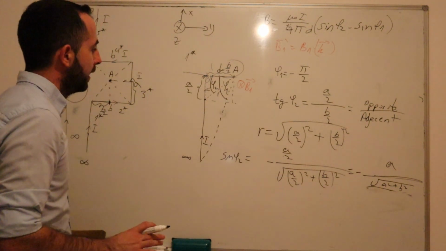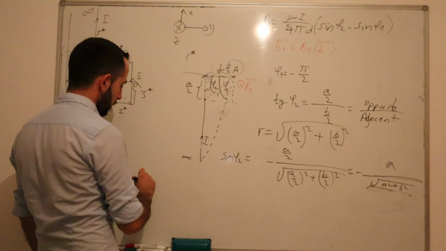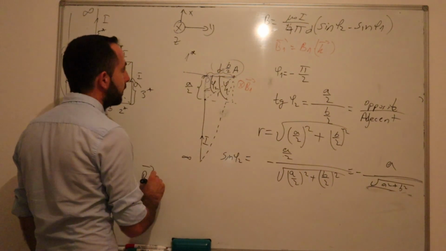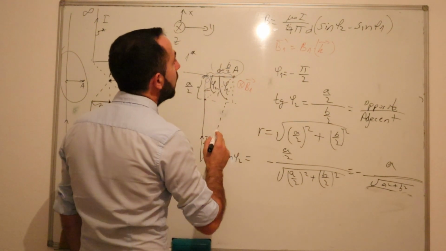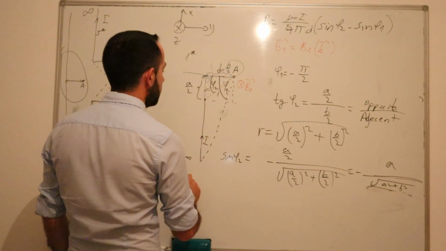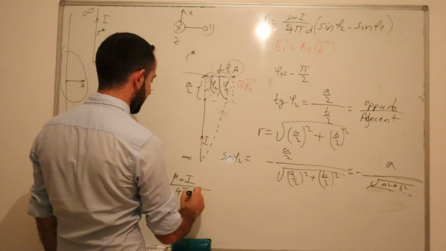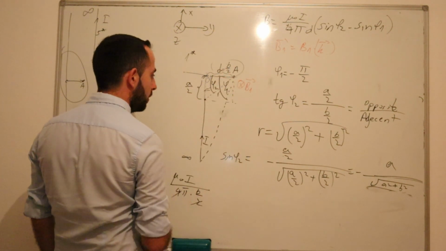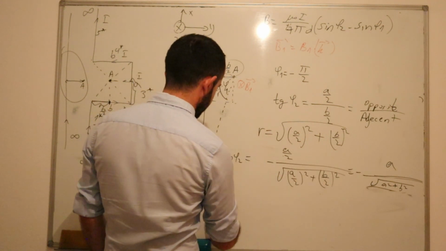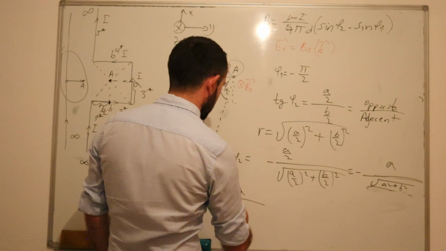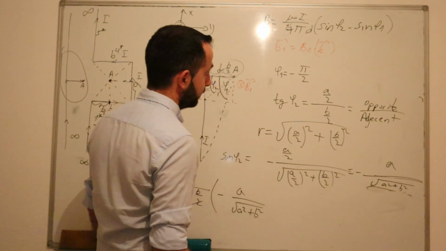And we put everything here. So our B, magnetic flux density first, will be equal to μ0 I over 4π times D, which is B and a half, times sin φ2, which is minus A over square root of A squared plus B squared.